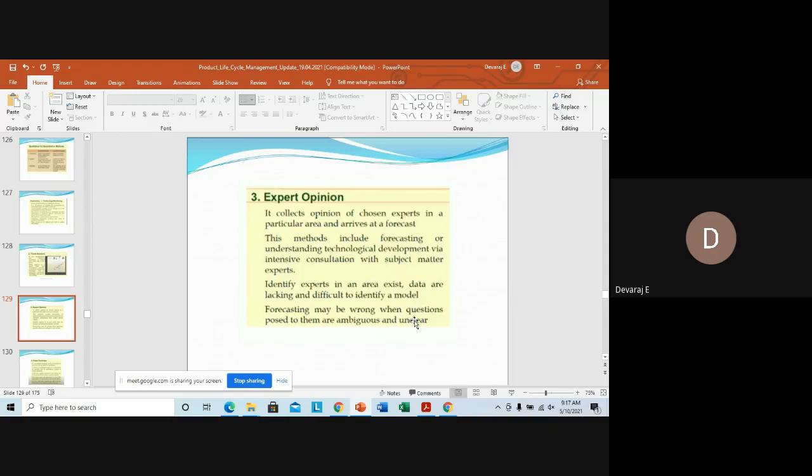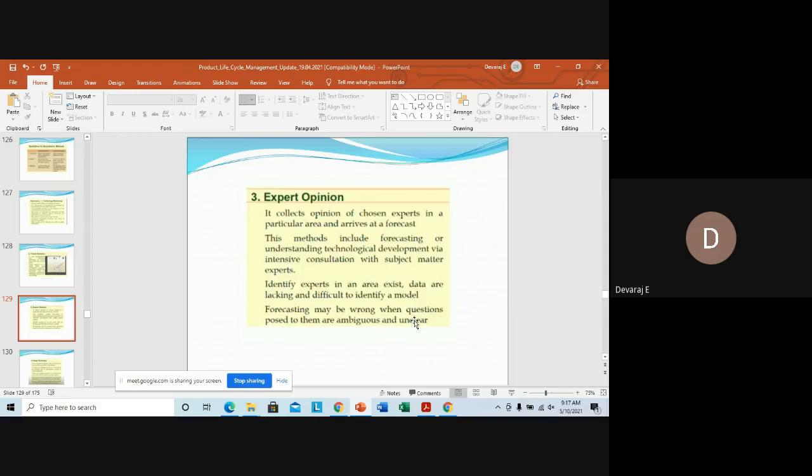If it is not clear, whatever solutions you give, if you implement them in manufacturing, again you will get failure. This is the last line: forecasting means for the future, so use the solution the expert gives.